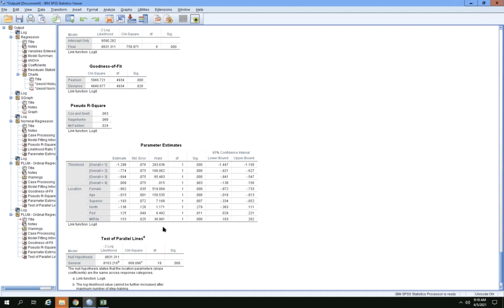The other variables of interest, we see that females and older respondents, again, are less in favor. We also see that persons who are further up in the northern part of the state, specifically the Superior region and the North region, tend to be less in favor of roundabouts. That difference was not significant in the case of the North region, but the people in the Upper Peninsula are definitely seeing lower favorability.